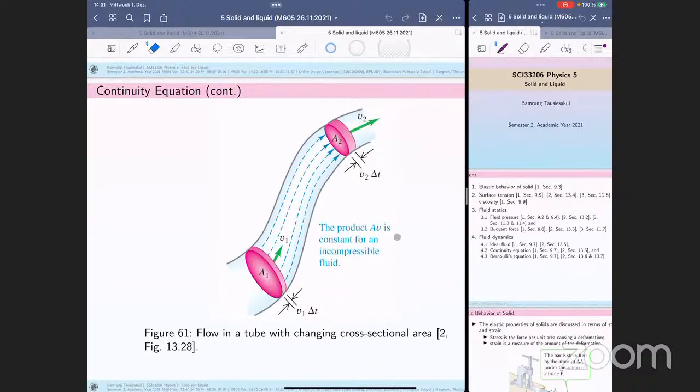Okay, the product of A and v is constant for an incompressible fluid. Okay, the water volume doesn't change. It means the incompressible fluid. So the product of A and v is constant in this scenario, and we could use the continuity equation. I'm sorry for that.